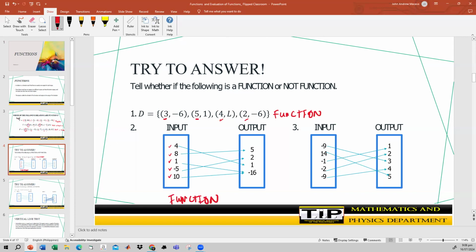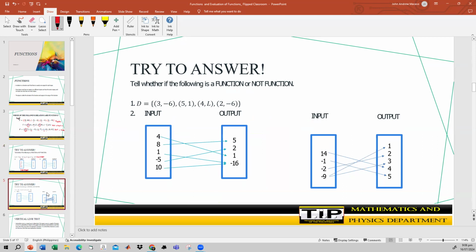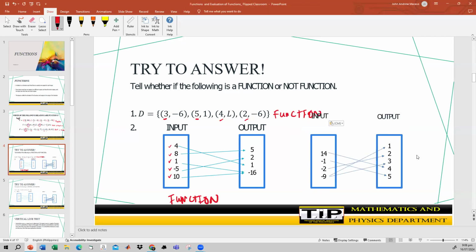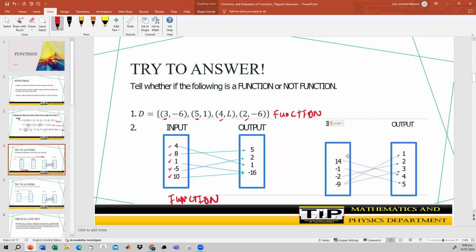Okay, how about this one? As you can see here, class, you will notice that upon checking, an element in X, which is not -9, is being mapped to the Y elements 1 and 3.